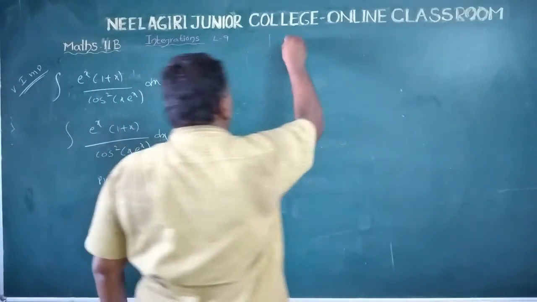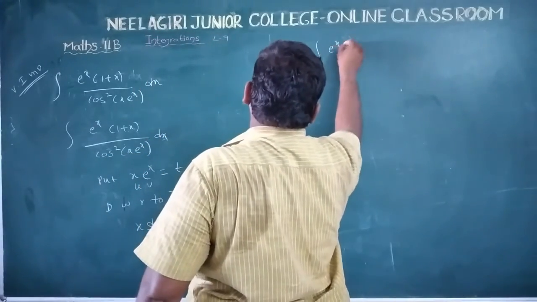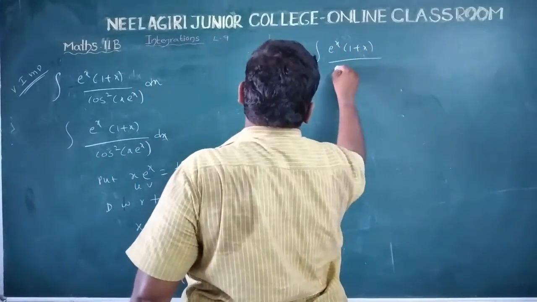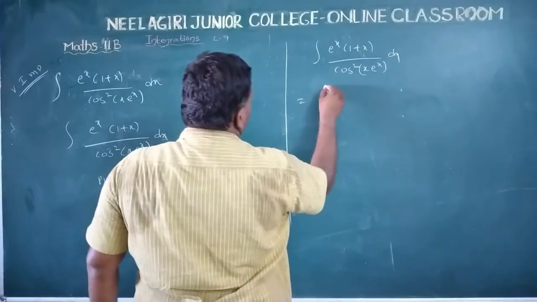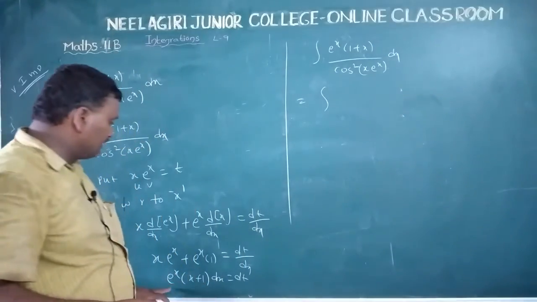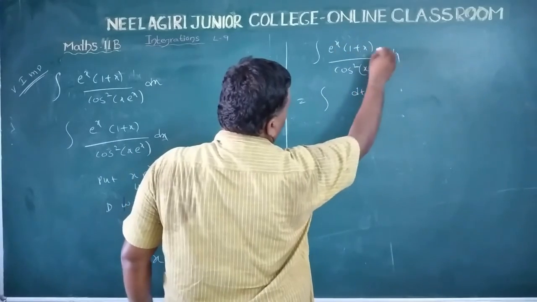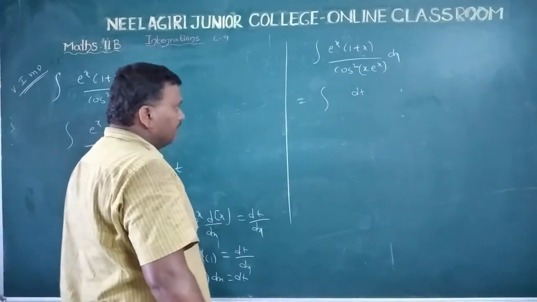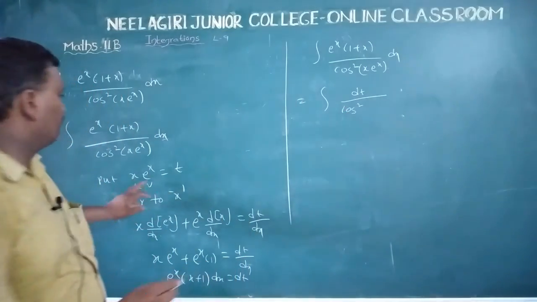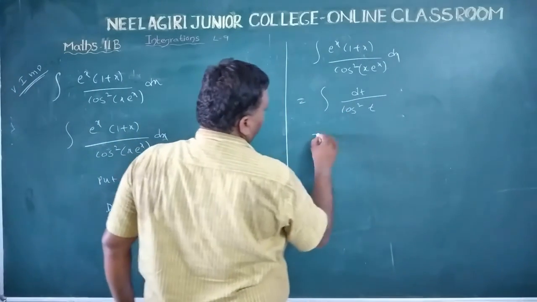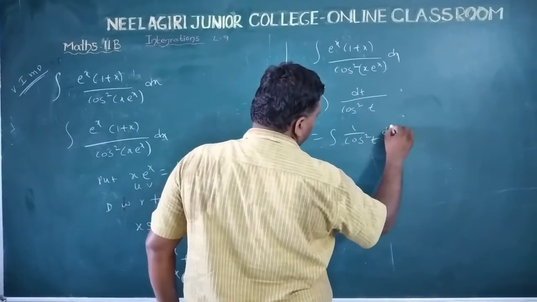We substitute all the values in the above problem. Integration of e power x into (1 plus x) by cos square of (x into e power x) dx. e power x into (1 plus x) dx is equal to dt, and x into e power x is t, so it is 1 by cos square t dt.